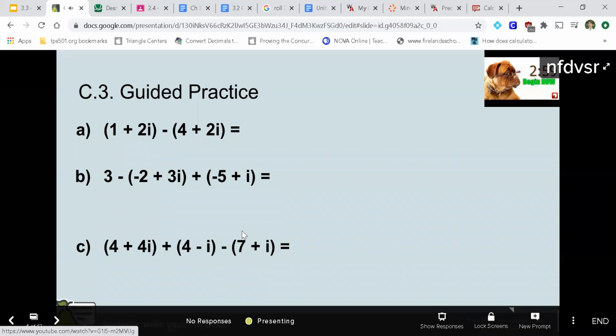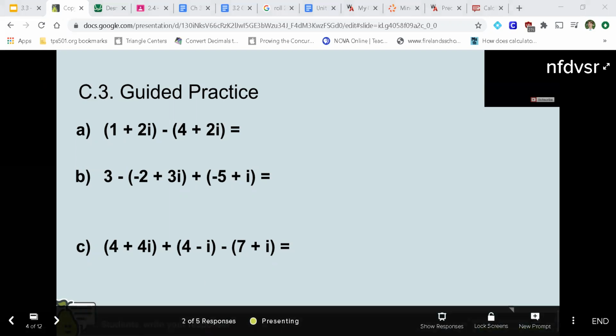See if you can add and subtract all those complex numbers. Just leave it as 4a minus 4.